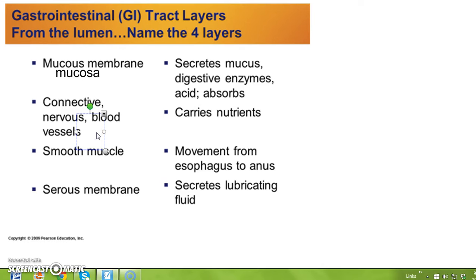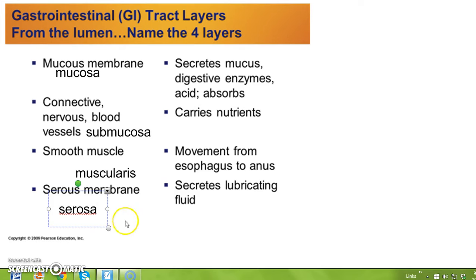The one next to that, going a little bit outer, is the submucosa. Outside of that is a layer of smooth muscle called the muscularis. And the very outermost is a layer of serous membrane called the serosa.